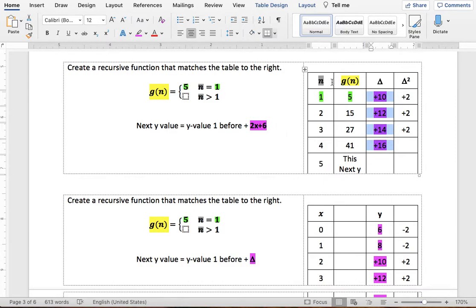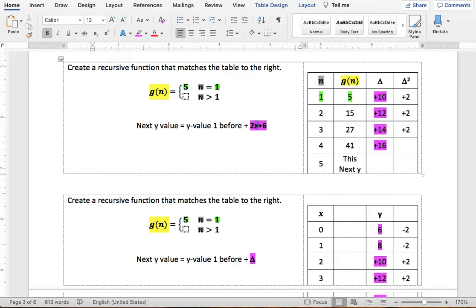And here I didn't actually use x's. This uses n's and g of n's. So sure, there's not really an x there. It's an n. Other than that, it's this right here. This matches our red column. So f of x, oops, sorry, it's a g of n.